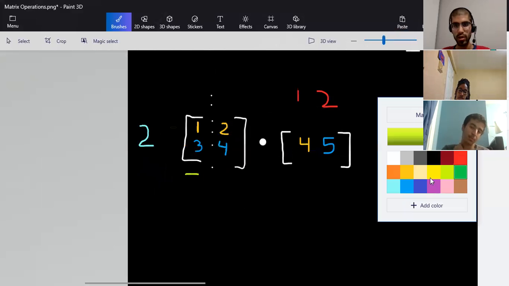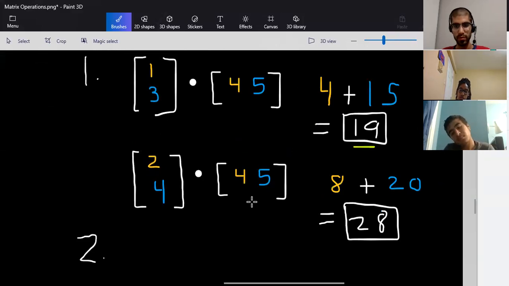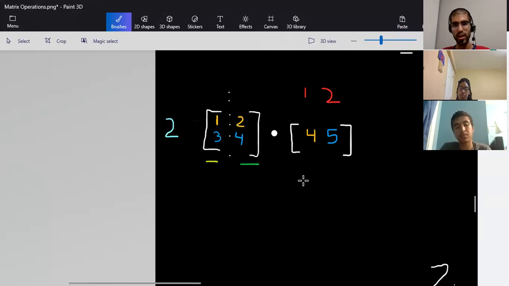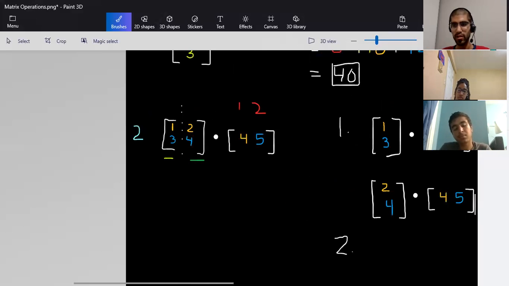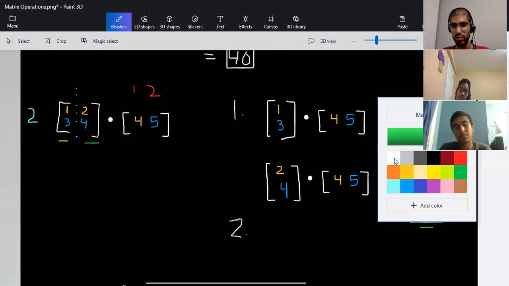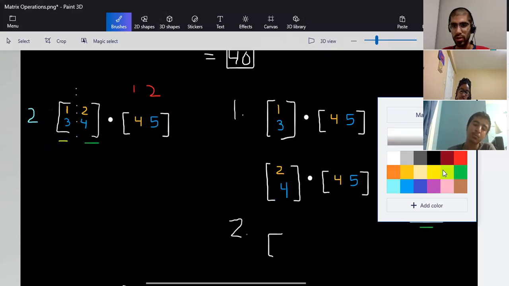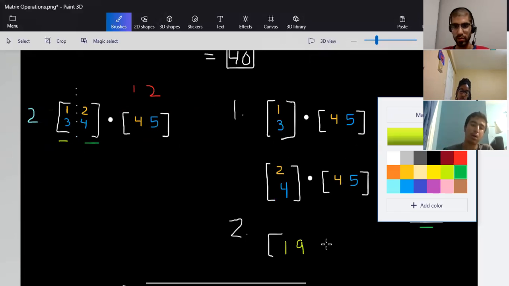And with darker green, we have this right column that gives us this result on the right. Make sense? So since these results came from an orientation that was like, okay, left then right, what we do in the end is we just put them back in the order that we got them. So we put the 19 on the left, and then we put the 28 on the right.